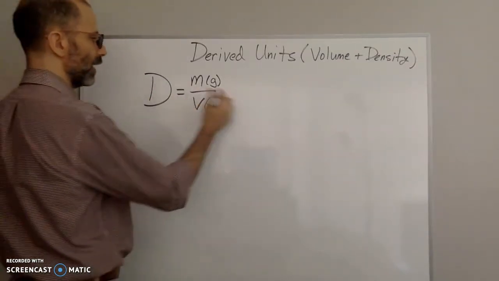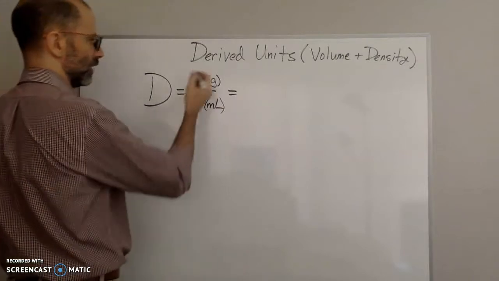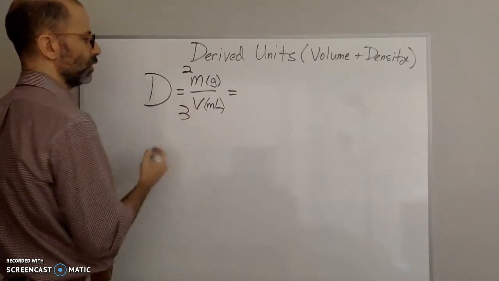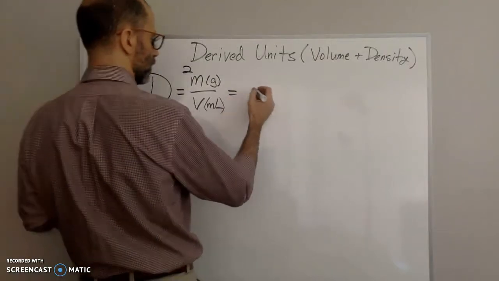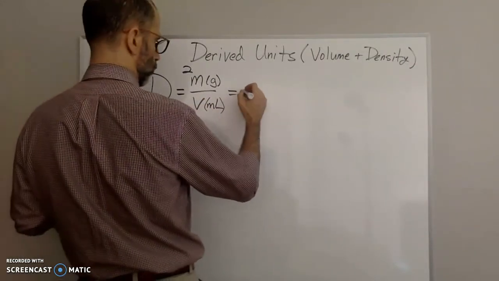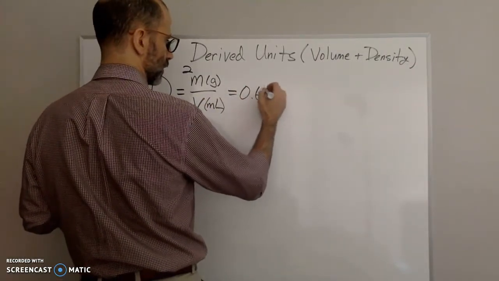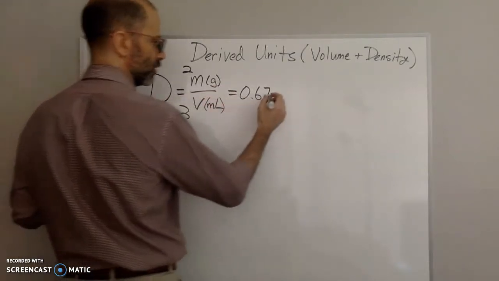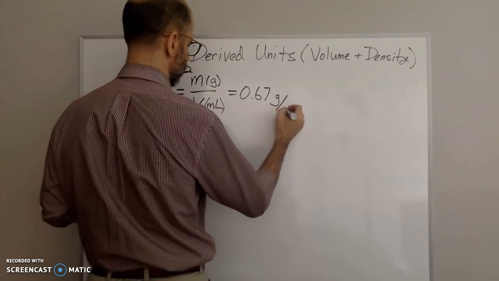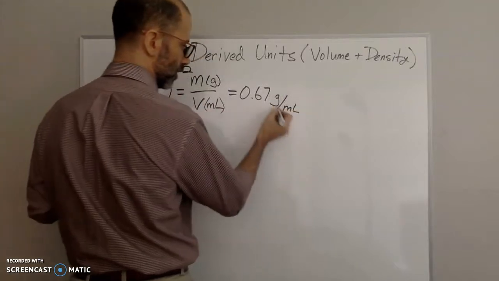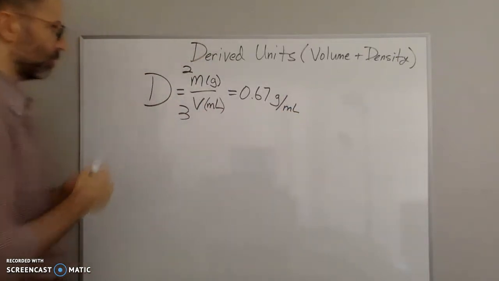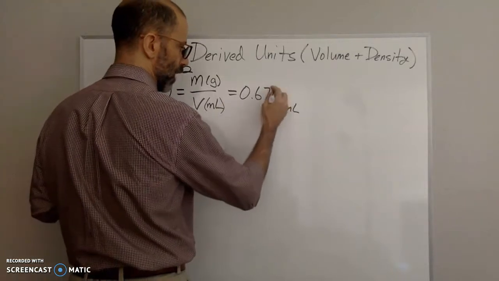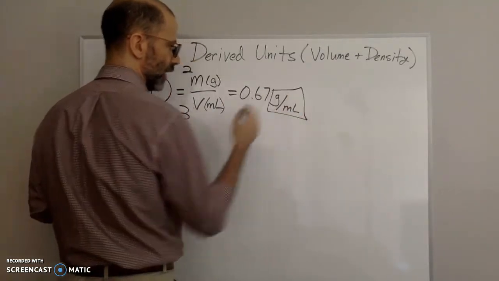And so when you divide this, let's say you have 2 grams and your volume is 3 milliliters, you divide it, you get 2/3 or 0.67. And then you're going to divide the units as well, grams per milliliter. So the units are divided. So this would be an example of a derived unit, a unit of density.